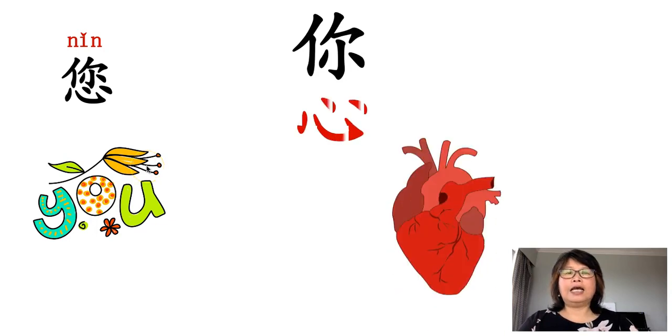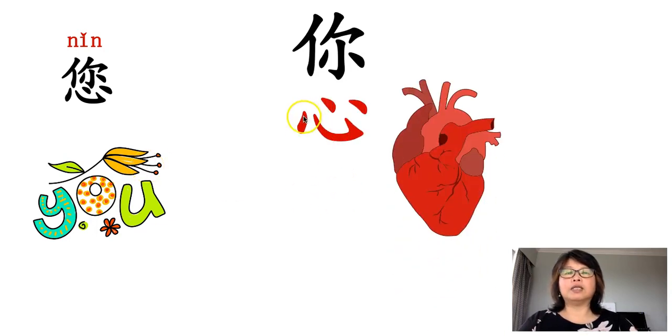When we address an elder or a teacher, we use 您 rather than 你 to show our respect. The top is 你, at the bottom is a heart. This is the Chinese word for heart, looking like the shape of a heart. So I show my respect from the bottom of my heart.